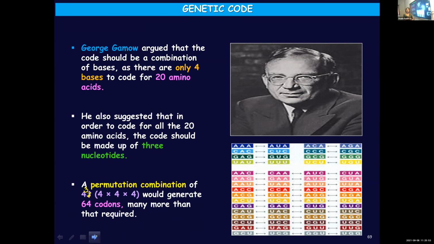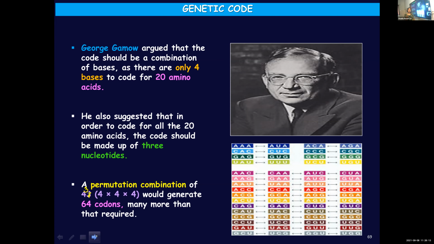If we rearrange the existing 4 nitrogen bases in different orders, with each code having just 3, we get 4 raised to 3, that is 4 into 4 into 4. The maximum possible combinations is 64.